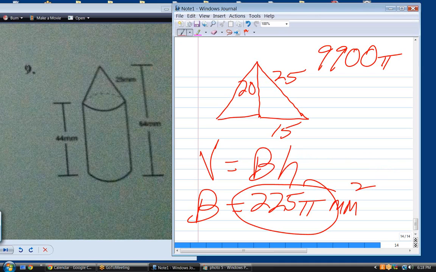No, we've got a different height on this cone. What's the height of that cone? 20. Okay. So it's the area of the base of the cone times its height, which is 20, divided by 3 because it's a cone, not a cylinder. Wait, so what are we timesing by 20?